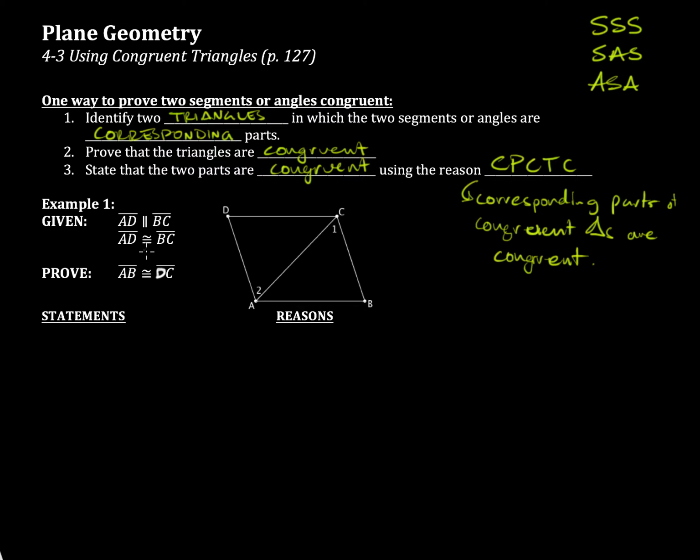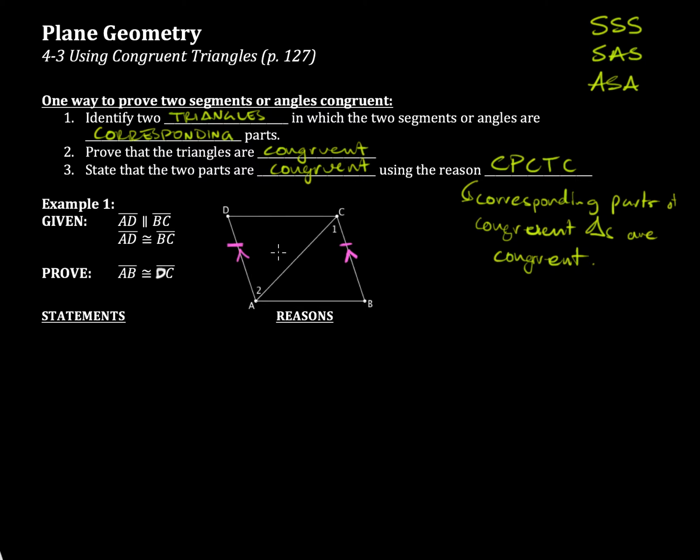So in example 1, we're given that, first of all, segment AD is parallel to segment BC. So these two are parallel, and that segment AD is congruent to segment BC. And we have to prove that AB is congruent to DC.